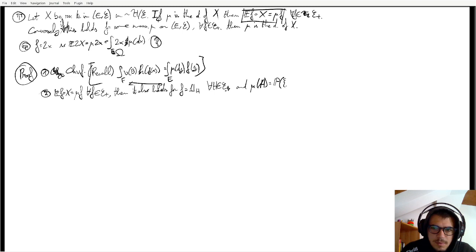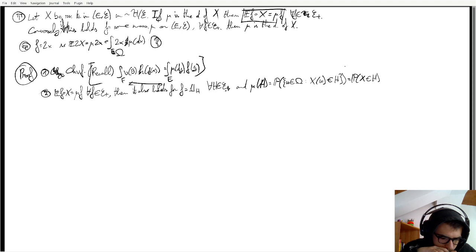In other words, what we have seen in the past, this thing here, probability of the realization of x belonging to the set h, written this way, well, actually, here it writes it in this way.